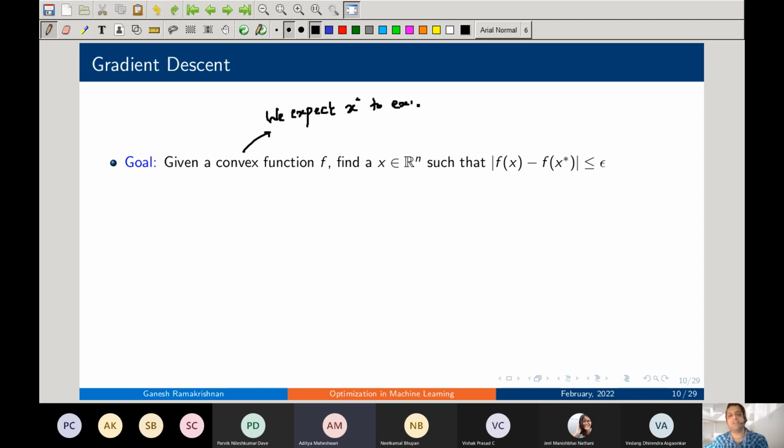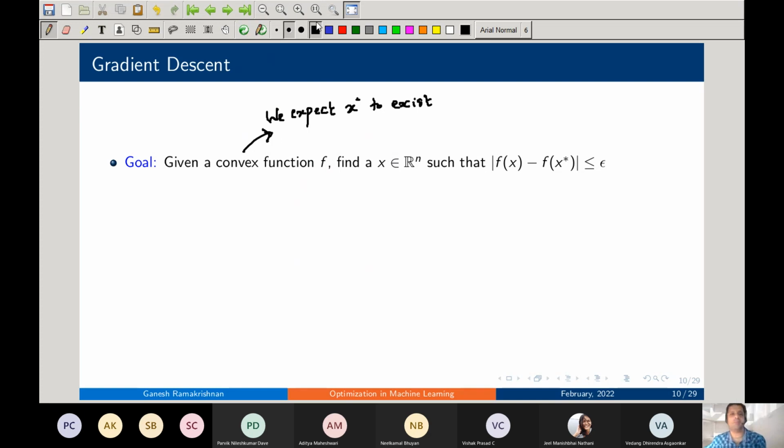I know we have done the Weierstrass theorem, as per which there are some conditions under which there will be a global minimum and so on. Notwithstanding that, we will revisit those theorems whenever we require. But let's assume that there's an x star, and that's where convexity becomes handy. It might be a local minimum, in which case we are talking about local regions of convexity and so on.